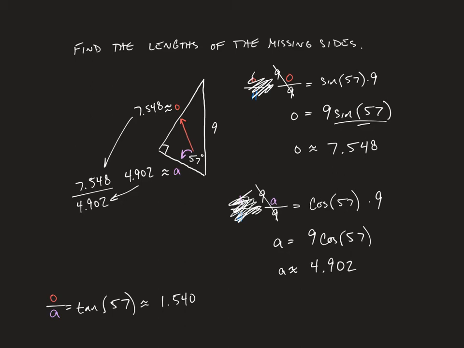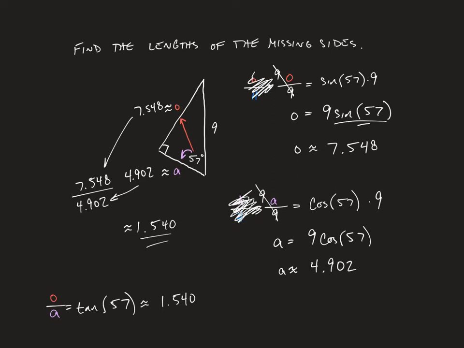So let's divide 7.548, remembering that these are rounded numbers, by 4.902. And this ends up being approximately 1.540. So our relationship still exists with tangent.